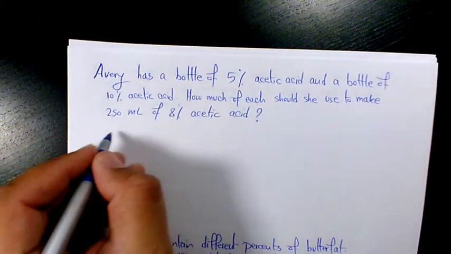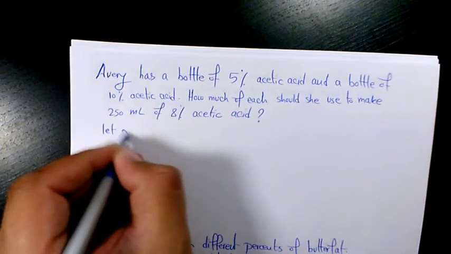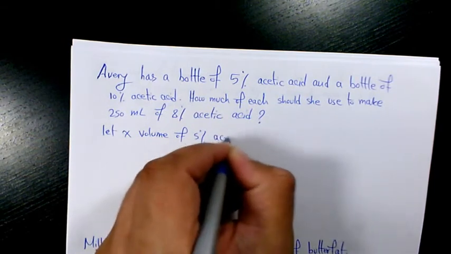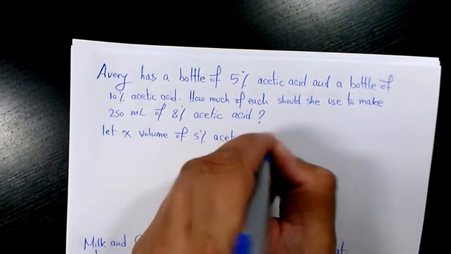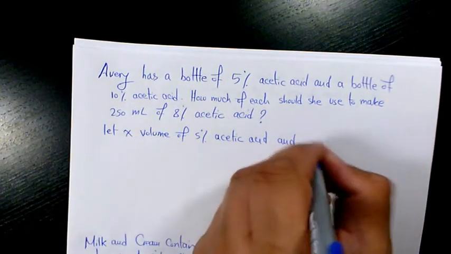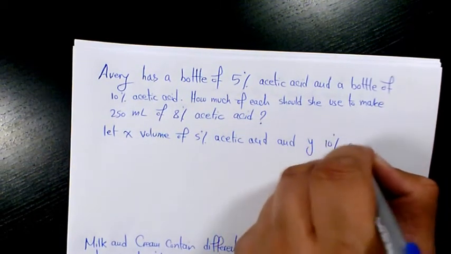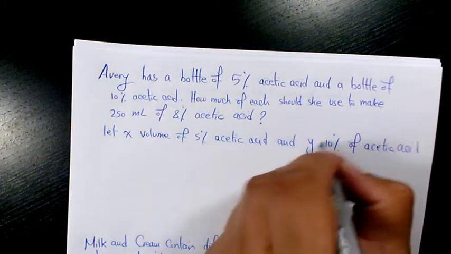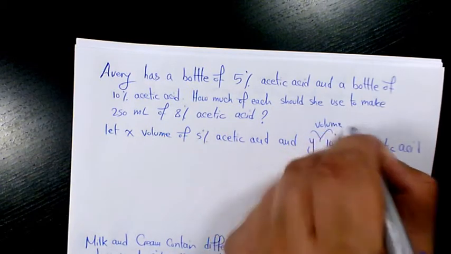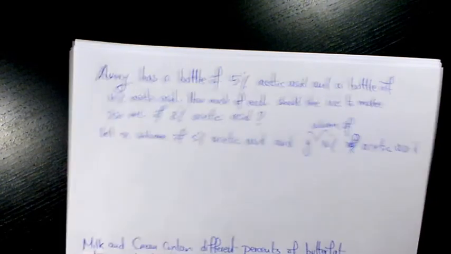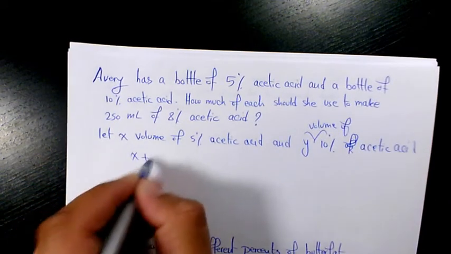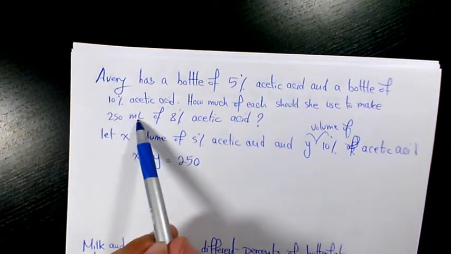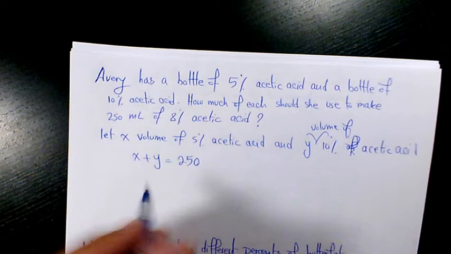So we're going to say, let X be the volume of 5% acetic acid and Y be the volume of 10% acetic acid. So we're going to say X plus Y will be 250 milliliters because when you add them together it's going to be 250 milliliters.